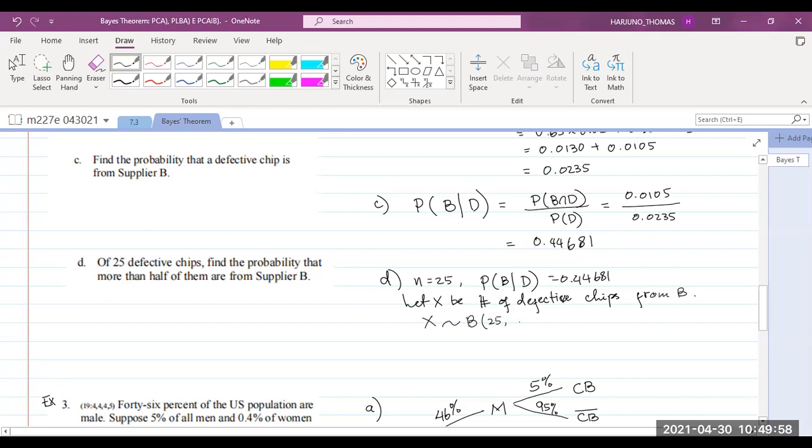The probability of each defective chip to be from B is 0.44681. Now the one in question is to find the probability that more than half. More than half of 25 means more than 12.5, right? Starting from 13. Therefore, the complement will be up to 12.